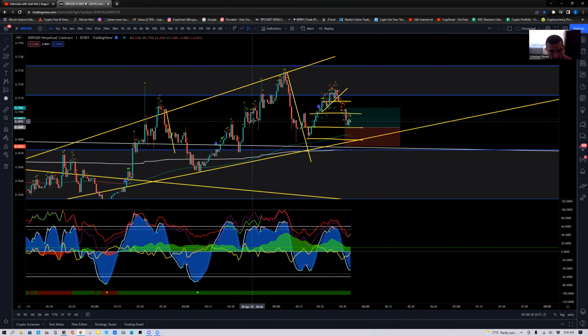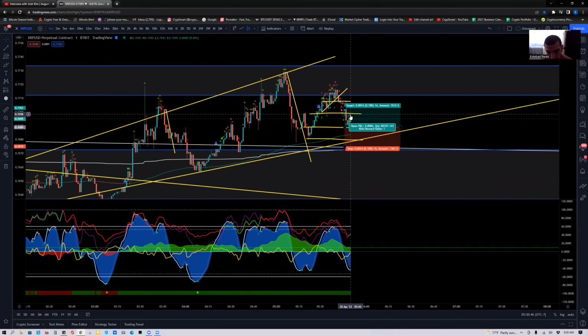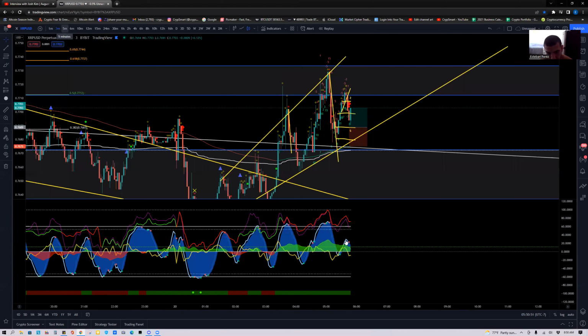This is a strong support at one point. Broke it. Retested, went down. Broke it. So we may see if we get a green dot here. Might get that green dot in there. That's starting to curve, starting to go. You see that right there?